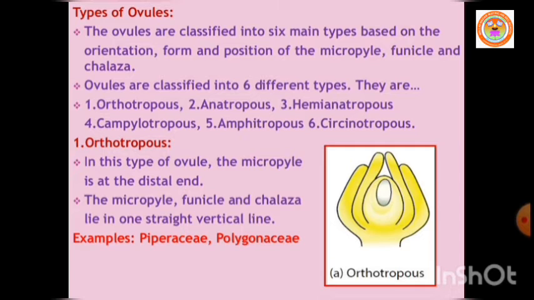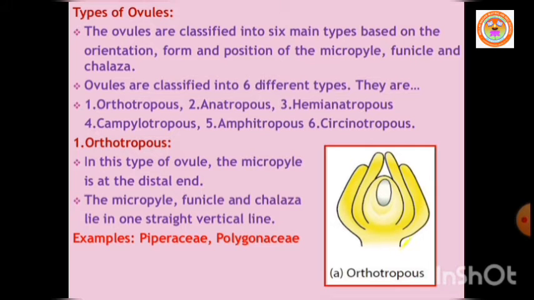Let us start with the first one, orthotropous ovule. See, in this type of ovule, dear students, micropyle is at one end, which is called the distal end. If you observe in this orthotropous ovule, this is the micropyle, funicle and chalaza.